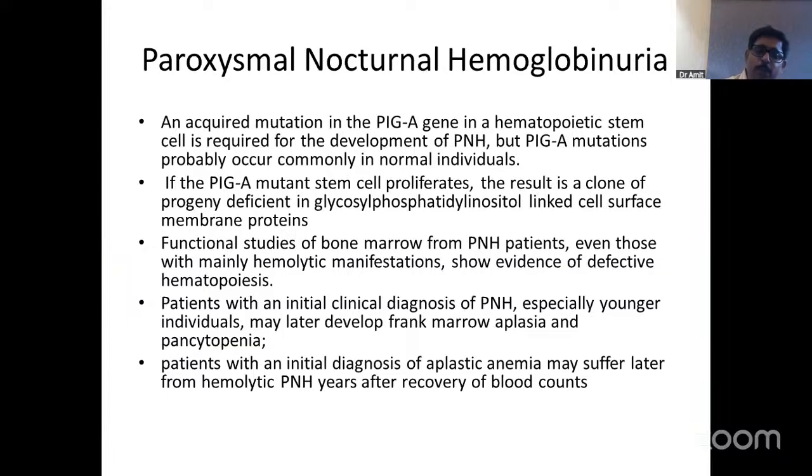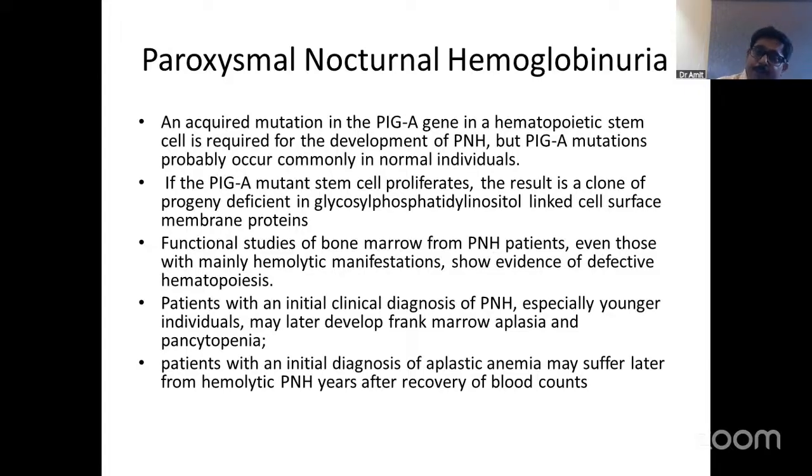And one of the very unique things which needs to be discussed as far as congenital aplastic anemia or pancytopenia is paroxysmal nocturnal hemoglobinuria. Now, this is a genetic disease which is caused by an acquired mutation in the PIG-A gene in the hematopoietic stem cells, and this PIG-A mutation probably occurs commonly in normal individuals.